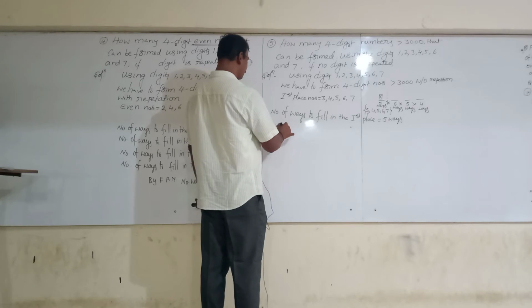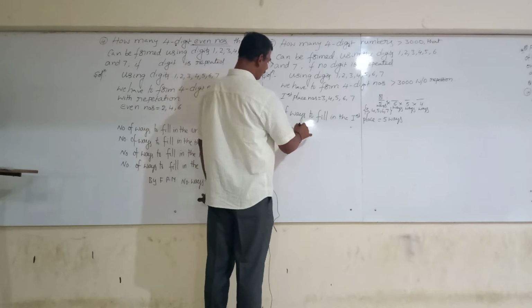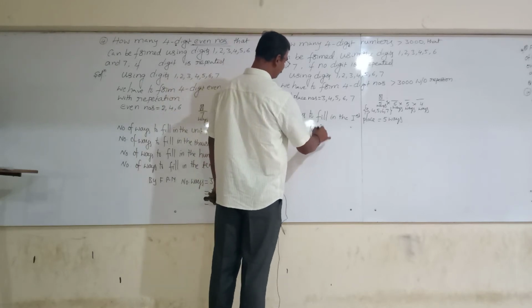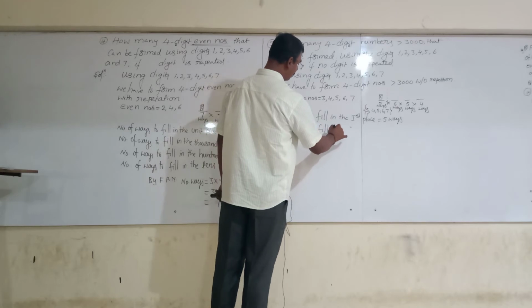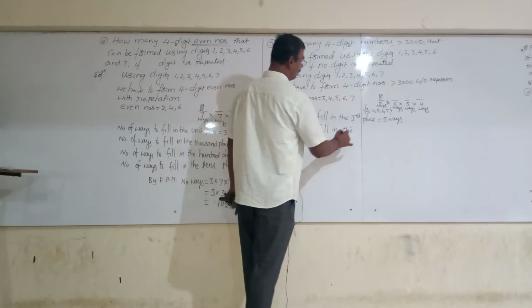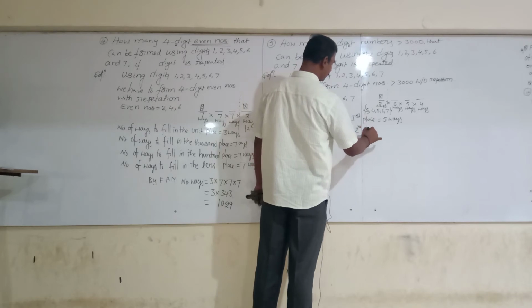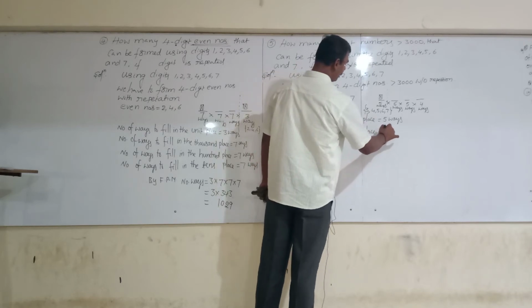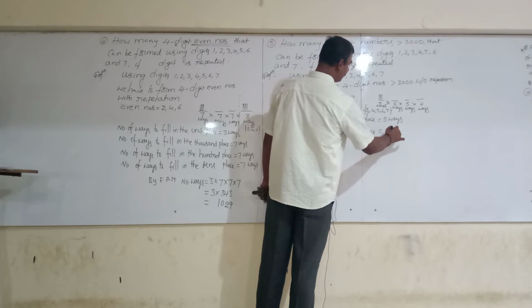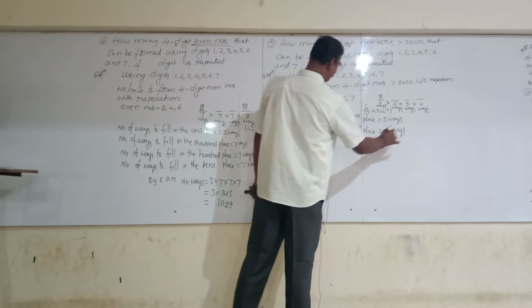Next line, number of ways to fill in the second place is equal to how many ways? 6 ways.